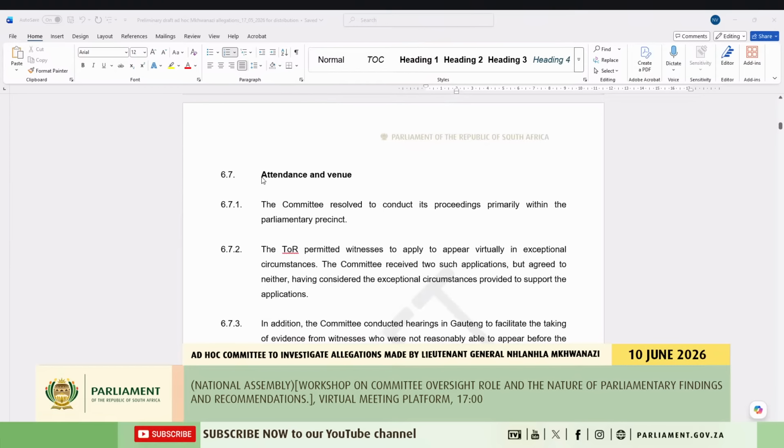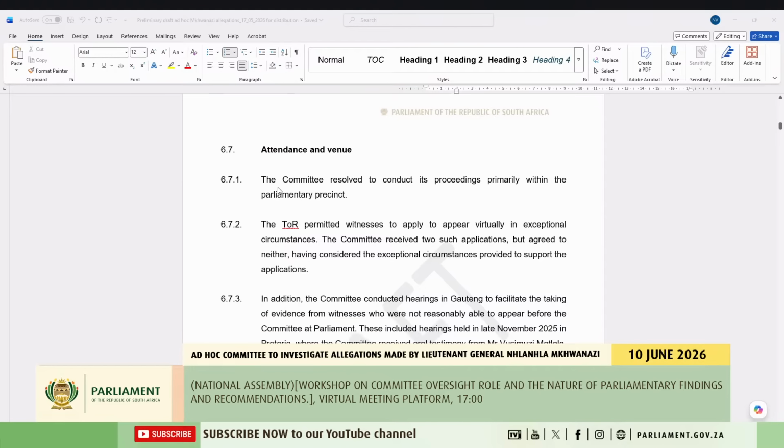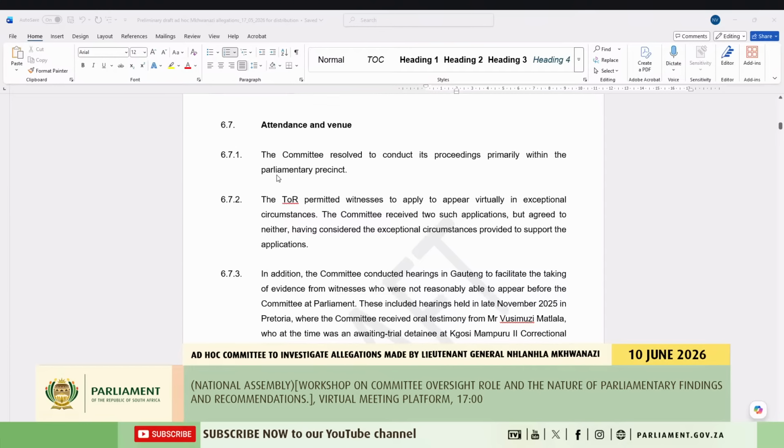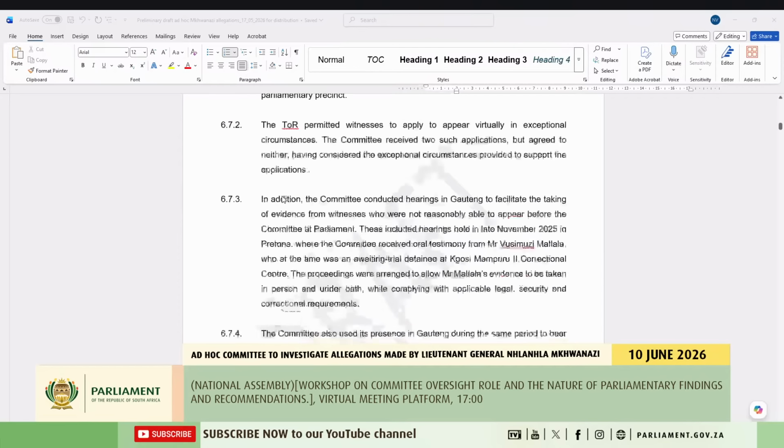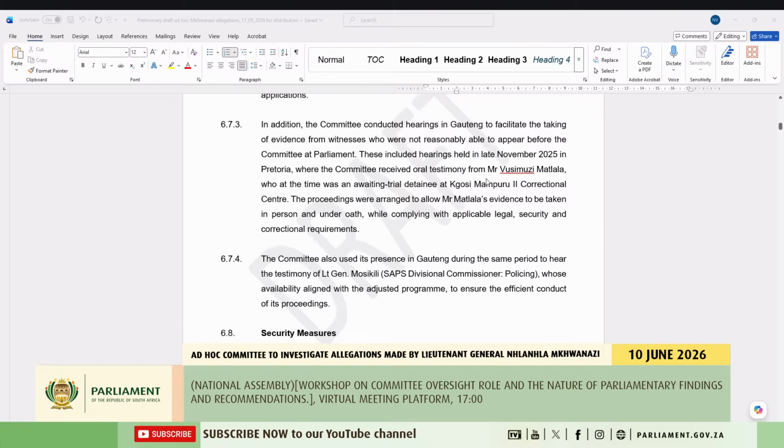We are touching here on the attendance and venue of the hearings, in that the committee resolved to conduct the proceedings primarily within the parliamentary precinct. It also states that the committee did conduct a hearing in Gauteng province.